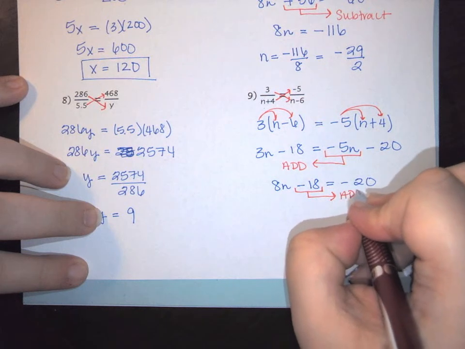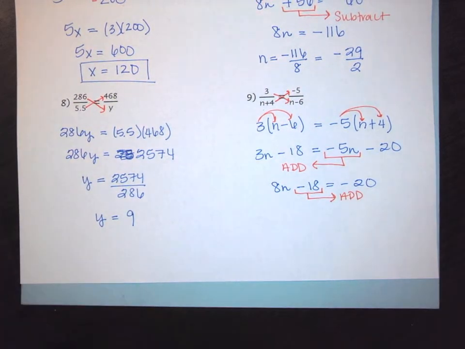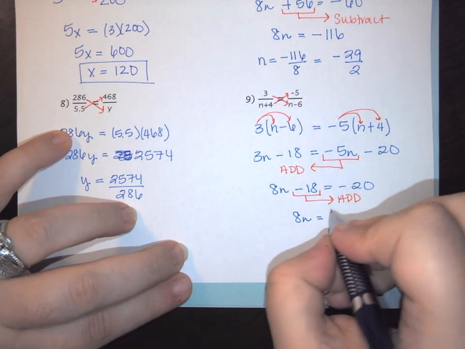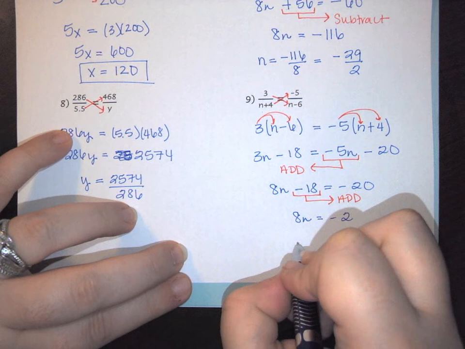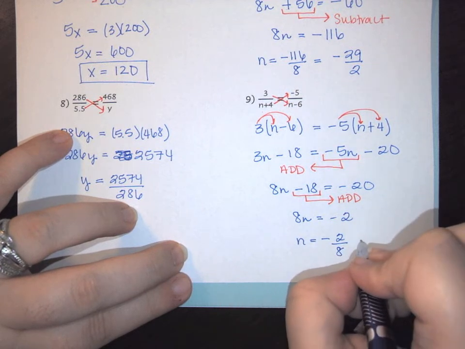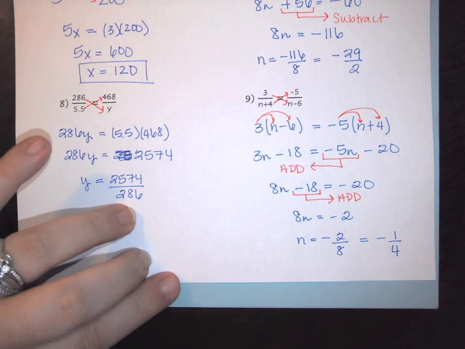Again, I have to add. And so here what's going to end up happening is I have 8n is equal to -2. So n equals negative 2 over 8, which is going to reduce to negative 1 over 4.